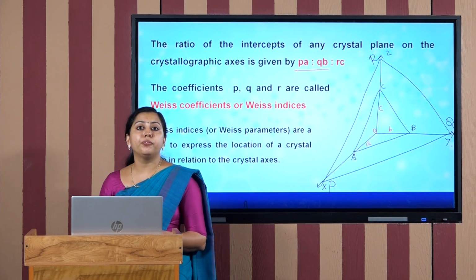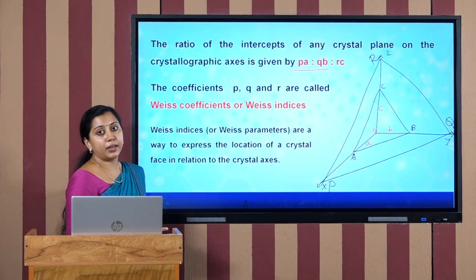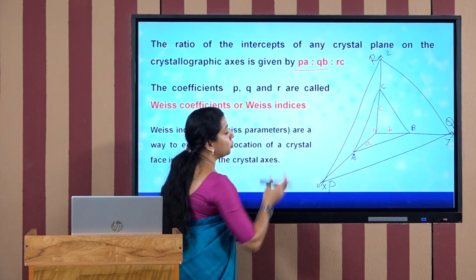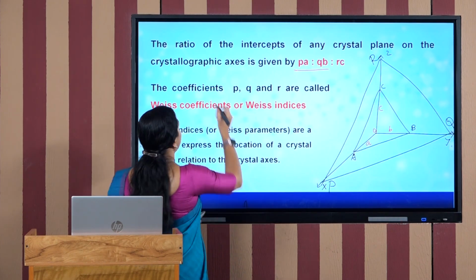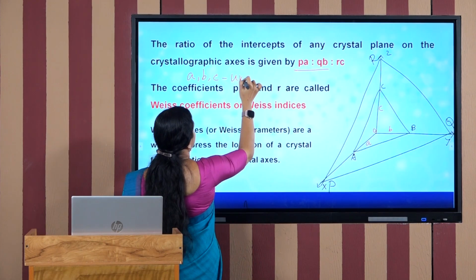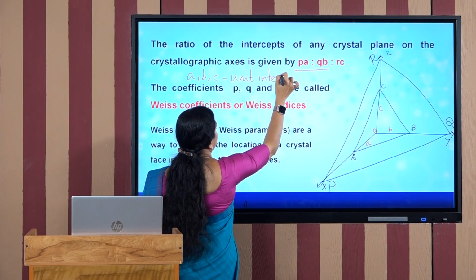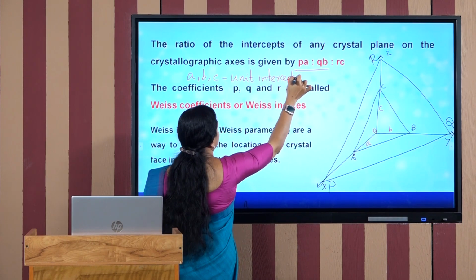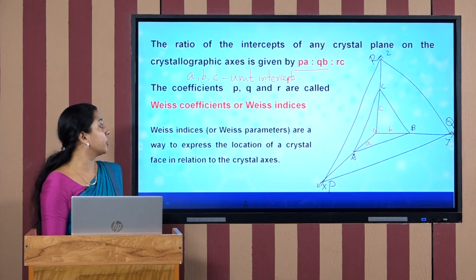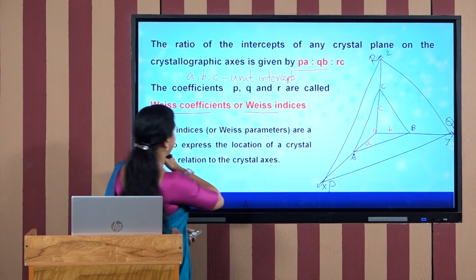Now, according to the law of rational indices, the ratio of intercepts of any crystal plane on the crystallographic axes is given by PA is to QB is to RC, where A, B and C are the unit intercepts and the coefficients P, Q and R are called the Weiss coefficients or Weiss indices.